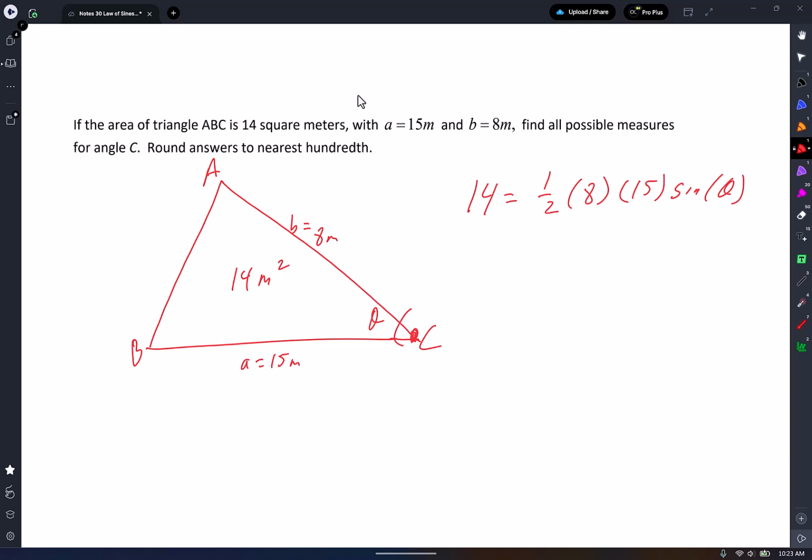So 14 equals half of 8 is 4. 4 times 15, let's see, 15, 30, 60. 60 sine theta. Are we still okay? How do I get rid of that 60? Divide. So divide by 60. So 14 over 60 equals sine theta. And I'll slow down. I can see you guys writing super fast.